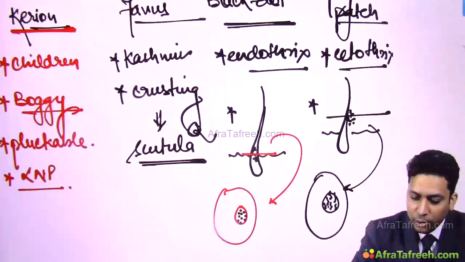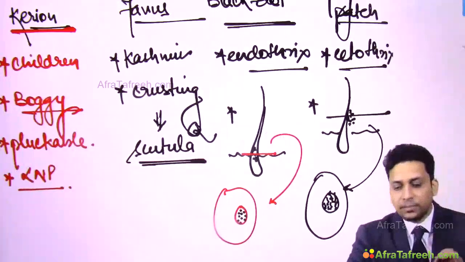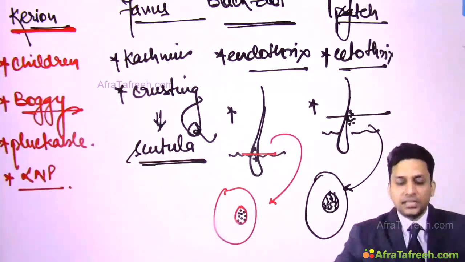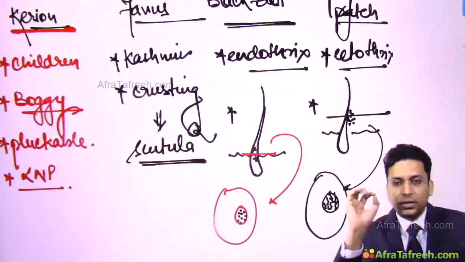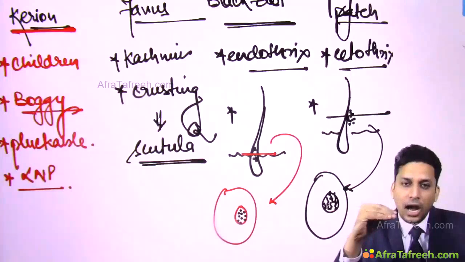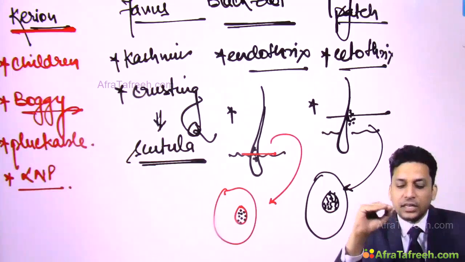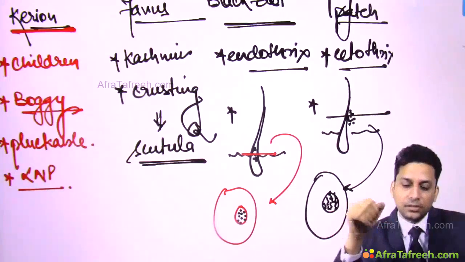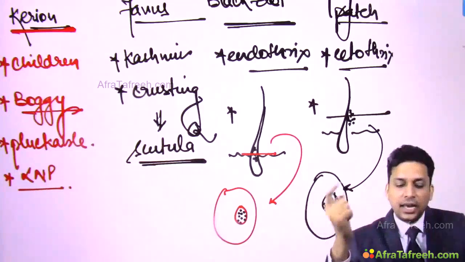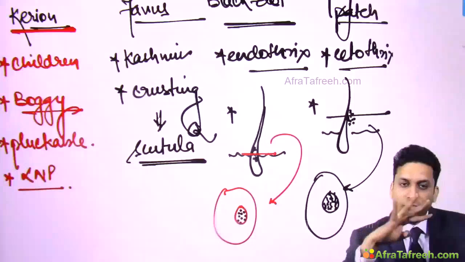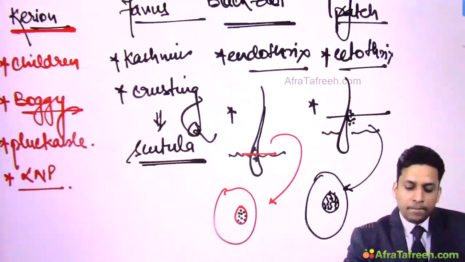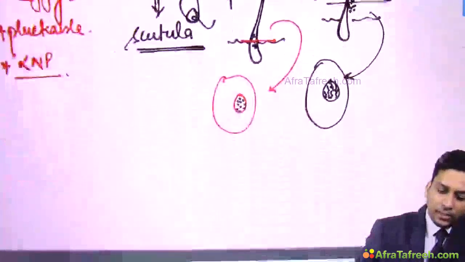And this patch of broken hair follicles has scaling also, so it appears grayish in comparison to the remaining scalp. So here again you can write down: hair follicle breaks above the level of scalp, giving gray patch appearance. So here gray patch is seen and there black dot is seen. So these are four different types of tinea capitis.